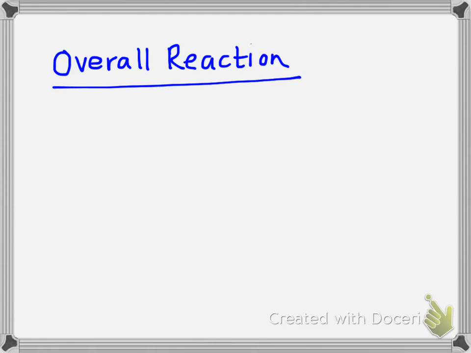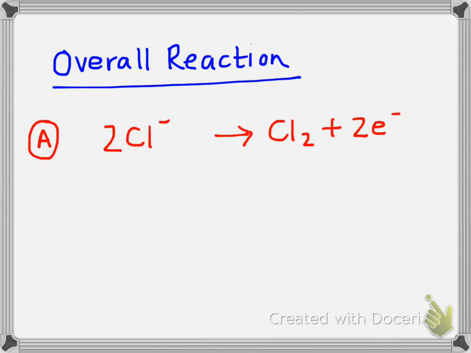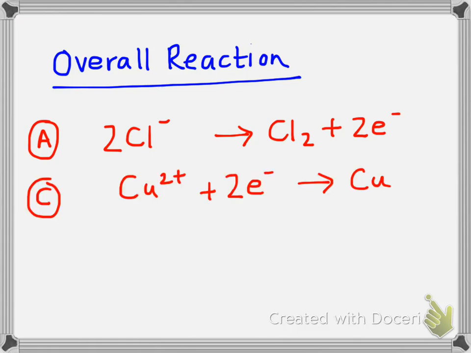If we have a look at the overall reaction then, the anode half reaction is the oxidation reaction where the chloride ions form chlorine gas. The cathode reaction is the reaction where Cu2+ gains 2 electrons. To work out the overall reaction, the first thing we do is to equate the electrons.